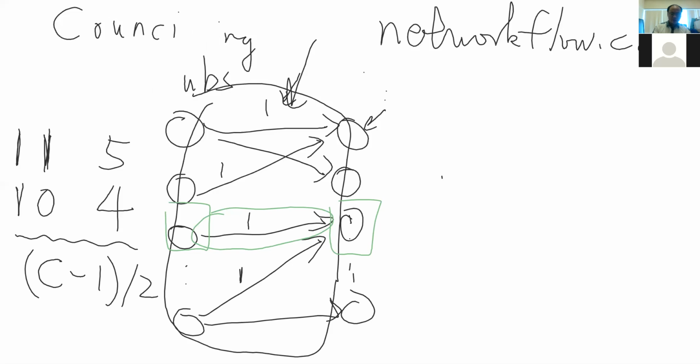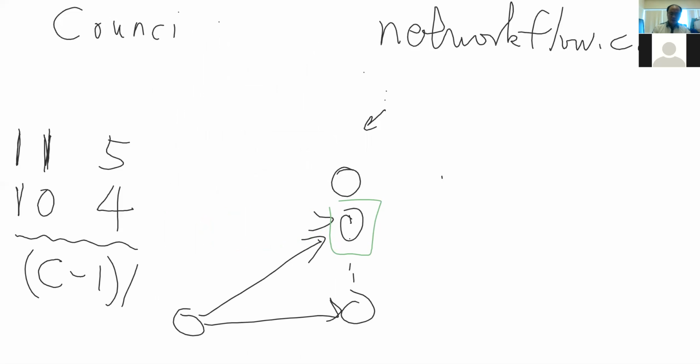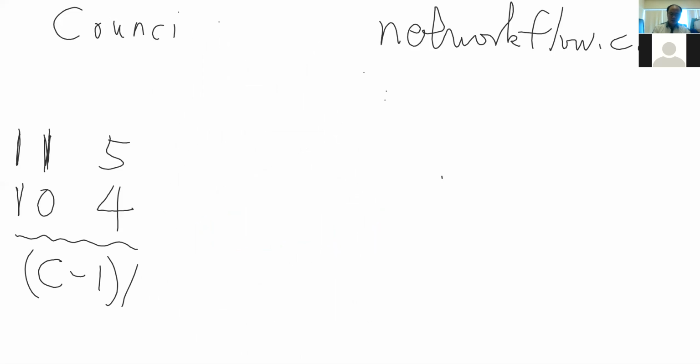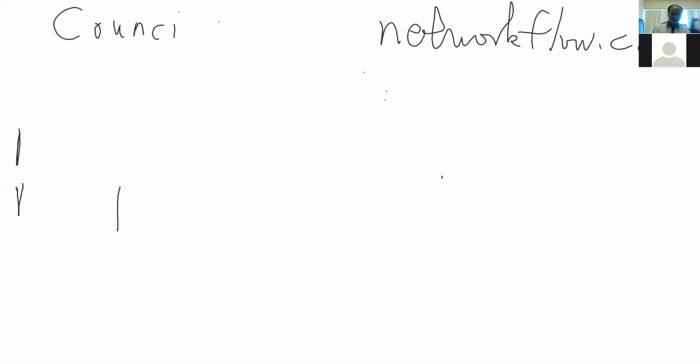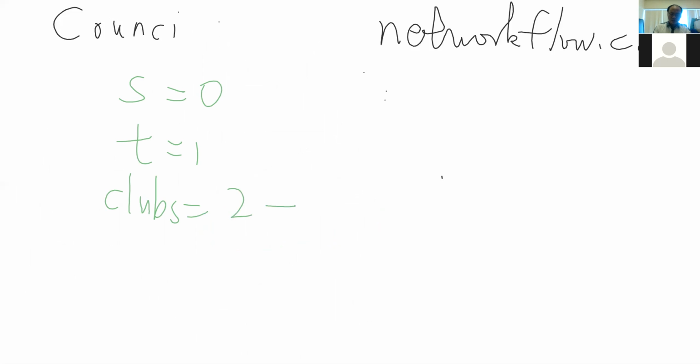There are many ways you can do this, as long as you're clear in your head or in your program which one is which, that's fine. But if you need some help, maybe you say source is 0, sink is 1, and then maybe clubs are 2 to whatever number of clubs you have.